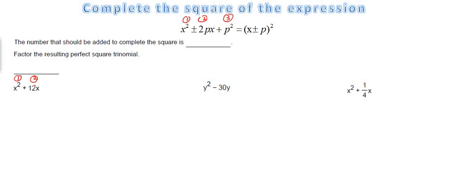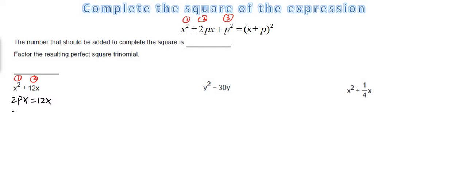When we compare it with the formula, here is 2px, here is 12x. We let these two equal each other. 2px equals 12x, corresponding to the second term. And then we can solve for p. How to solve it?